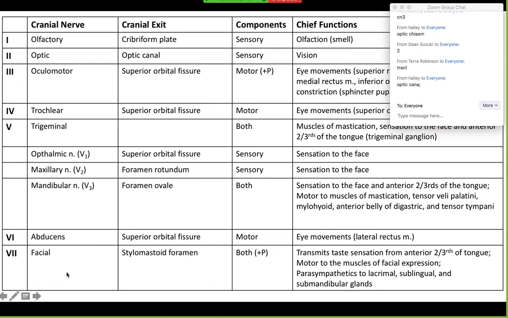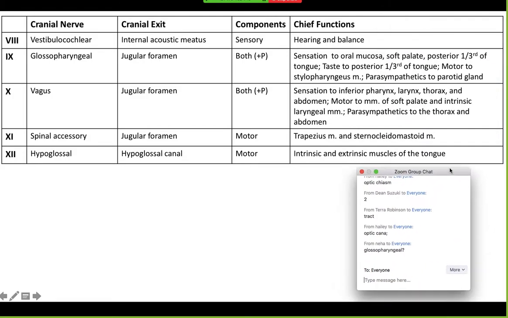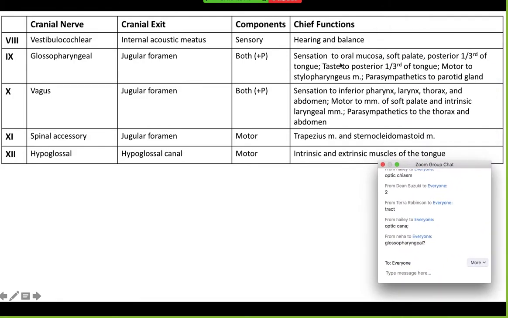And then the posterior one-third is supplied by what? Which cranial nerve gets the posterior one-third of the tongue? You have one nerve doing general sensation and taste for the posterior one-third. Does anyone remember? Great, good job. Yeah, cranial nerve 9. So sensation and taste to the posterior one-third.